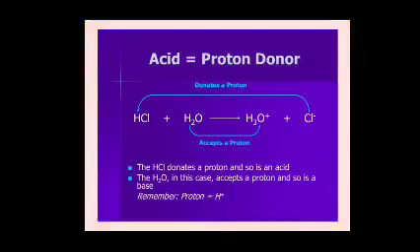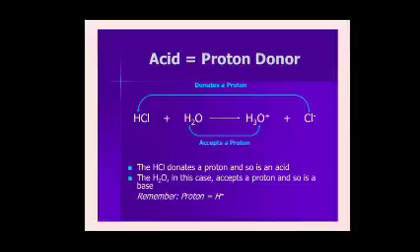HCl, an acid, is a proton donor. HCl plus H2O gives H3O plus and Cl minus. HCl donates a proton to water, forming Cl minus. H2O accepts a proton from HCl to form H3O plus.